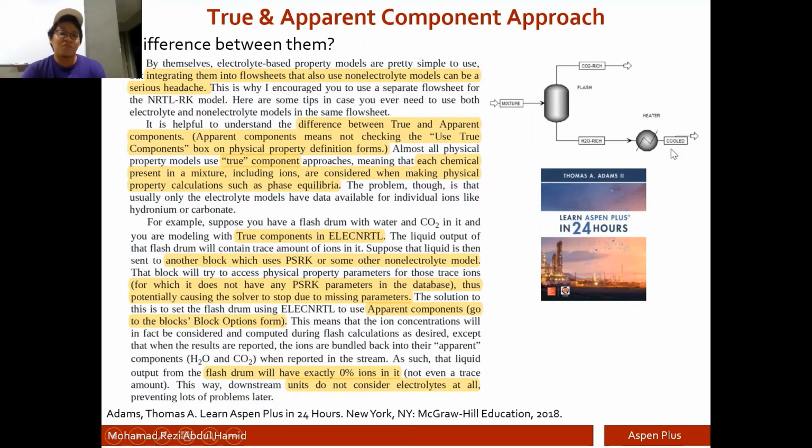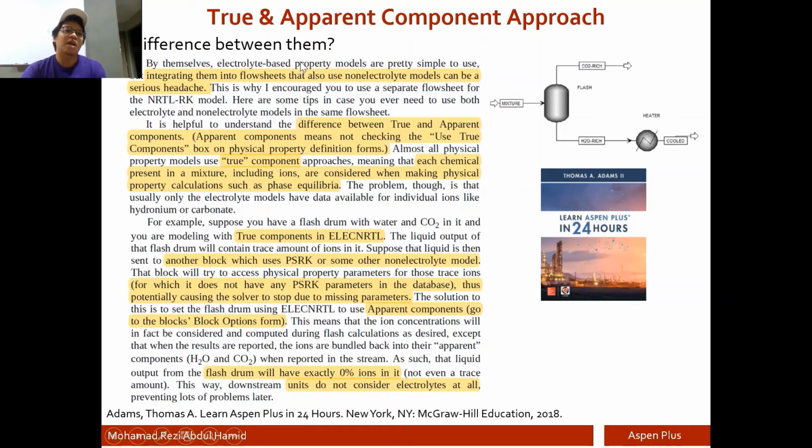Now, as I said before, the PSRK property method probably does not have the parameters associated with the ions. Because of that, the solver of Aspen Plus may not be able to solve this problem.